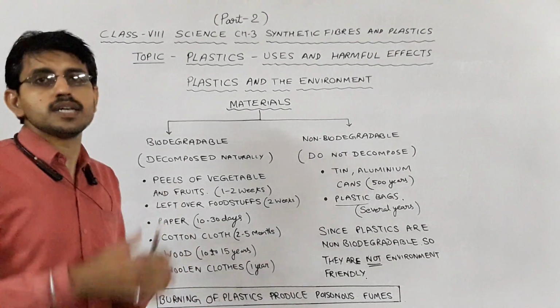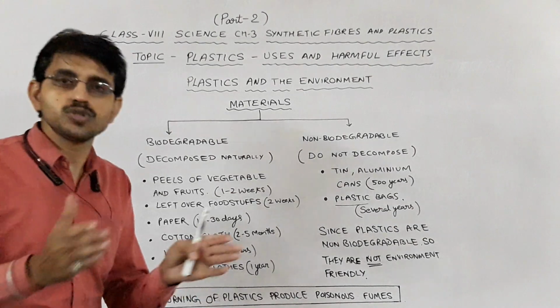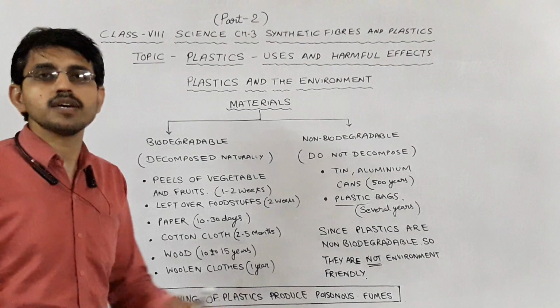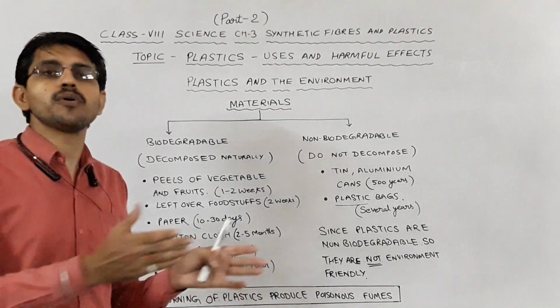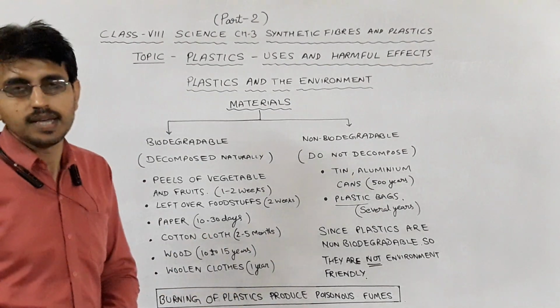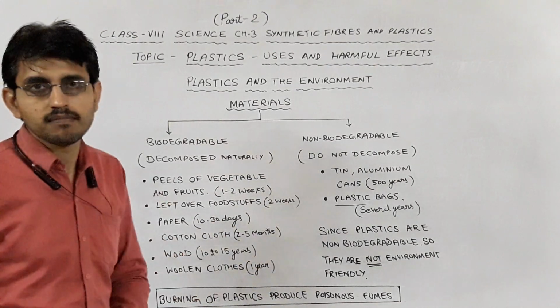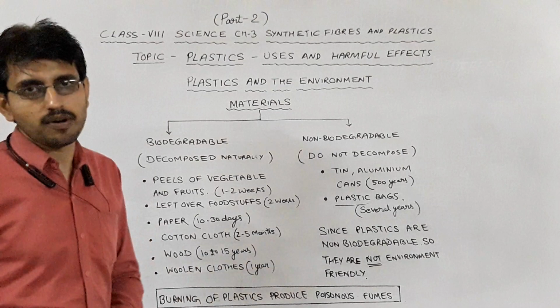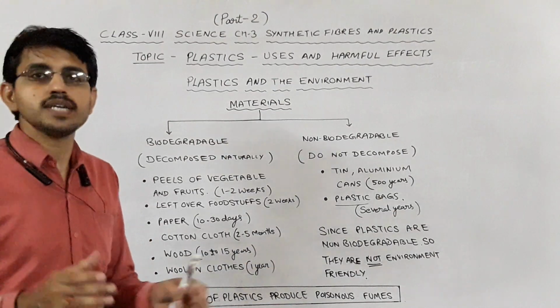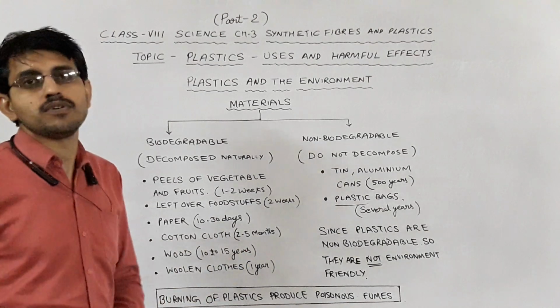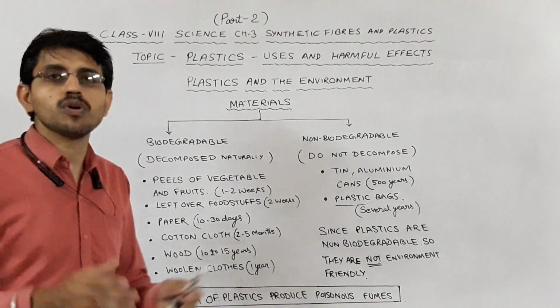So all those substances which are of biological origin, meaning they belong to plants, animals or their waste products, are all biodegradable. They can easily be broken down in due course of time and increase the fertility of soil in return. So these substances, which we call biodegradable, are safe for the environment. They do not harm the environment.